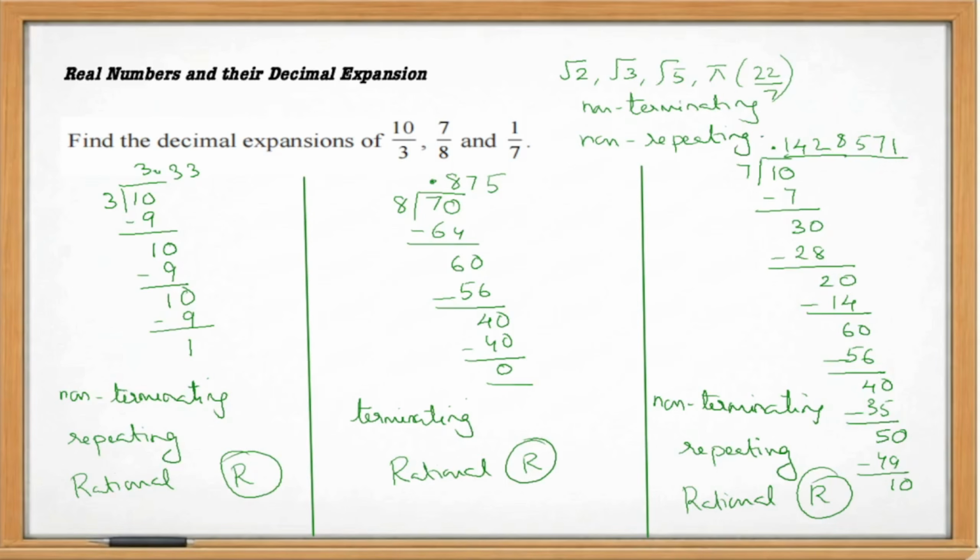Okay, because it will continuously keep going and the numbers won't repeat. So these numbers which are non-terminating and non-repeating are irrational numbers. Okay, and it is represented by I. So let us move on to next page.